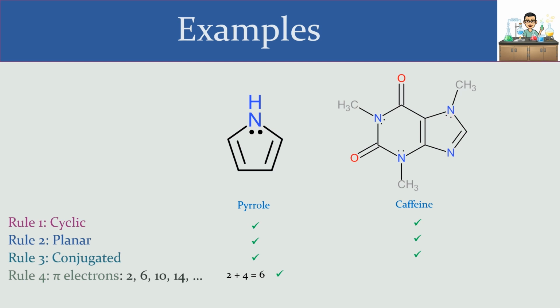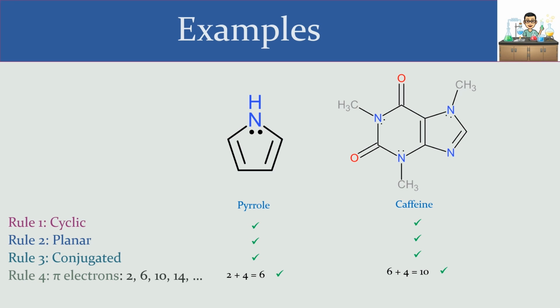I'm going to count these electrons over here, that's 4. These electrons over here, so that's 6. And I also have 2 pi bonds that are already in place, so 6 electrons that get delocalized plus 4 that are already part of the structure, I'm going to get 10 electrons in total, and that fits within the pattern of 2, 6, 10, 14.